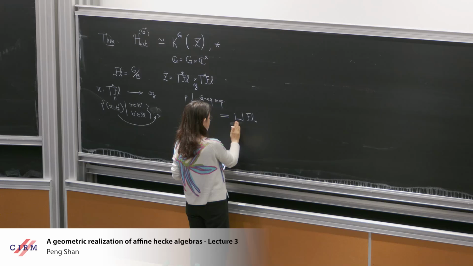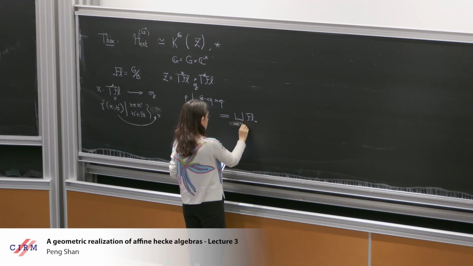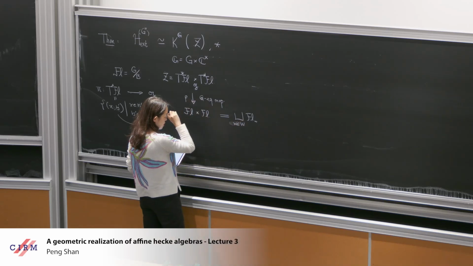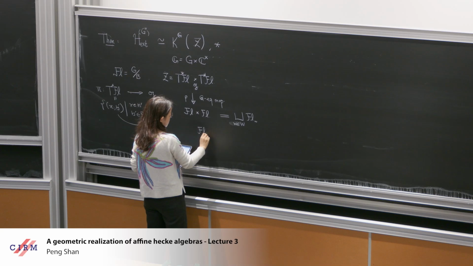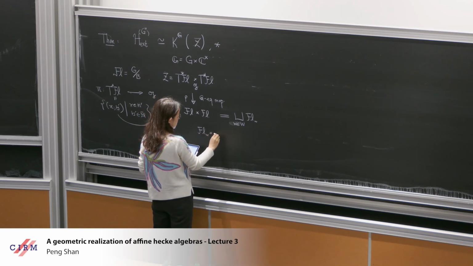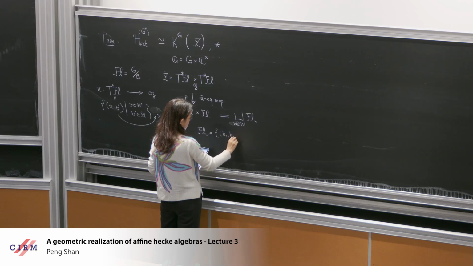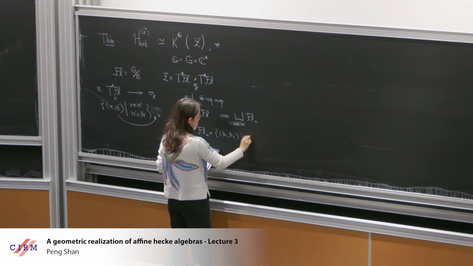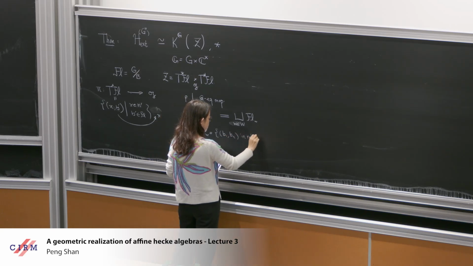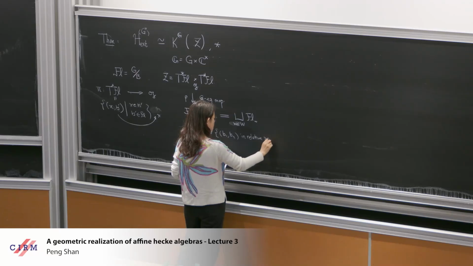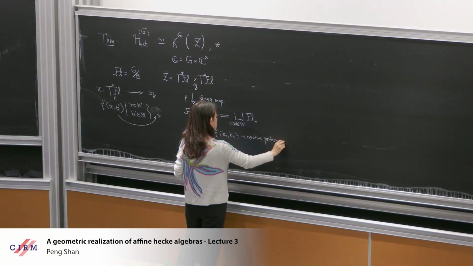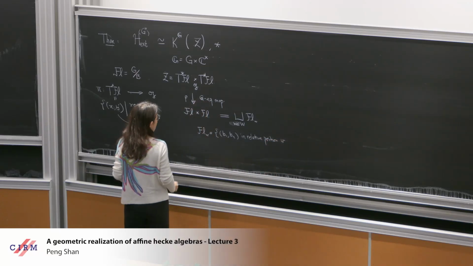Where Fl_w consists of, let's say, B1 and B2 in relative position w.